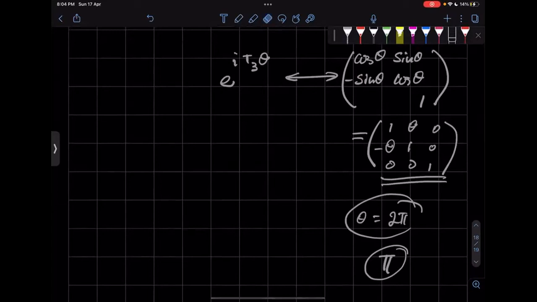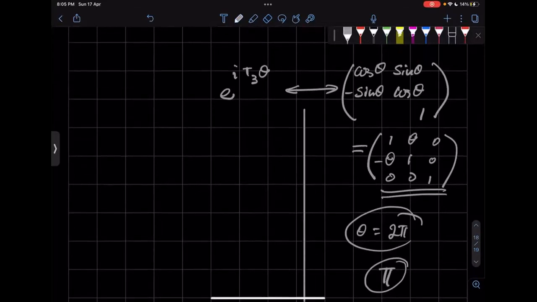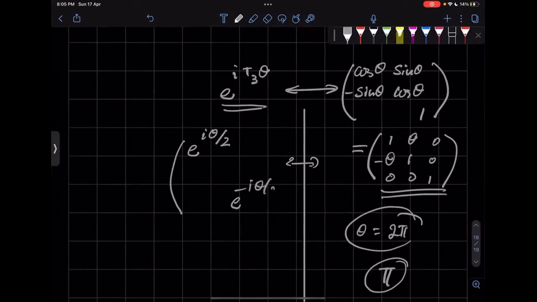If I do SU2 and SO3, I'll have the same Lie algebra. But if I do the same thing over here in SU2, for small theta it's going to be e to the power i theta by 2, e to the power minus i theta by 2. This is what this matrix is.